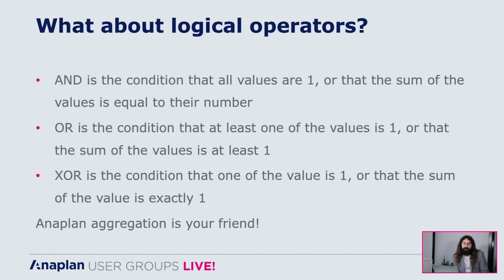And XOR, which is an exclusive OR, so that's at most 1 factory, for example, is actually just they equal 1 exactly. And the other thing to bear in mind here is that when we looked at constraints in Anaplan, we looked at how Anaplan adds up those numbers. So you can use Anaplan aggregation to drive these values out of your problem without you having to dimension by constraints explicitly. You can get Anaplan to do a lot of the work for you.